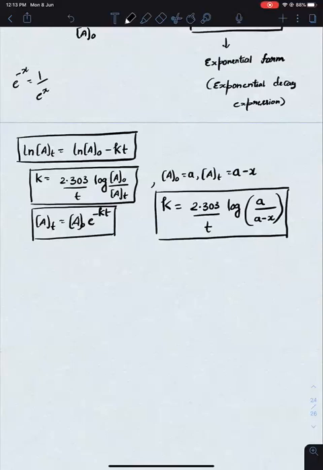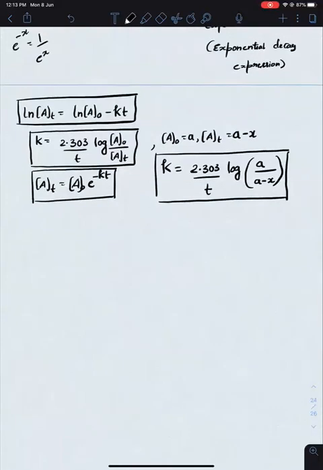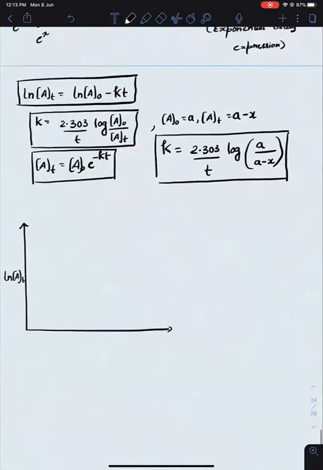Okay? ठीक है. ठीक है. Let us plot the graphs. If I plot the graph for ln At versus t, what will be the slope?